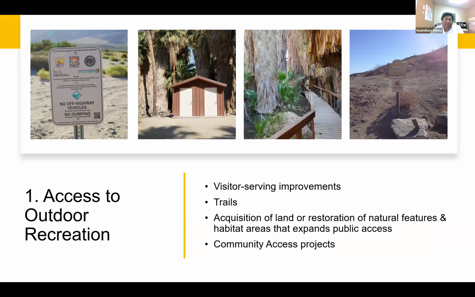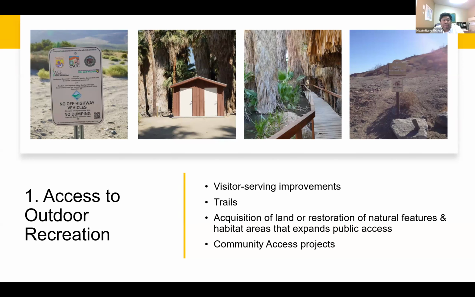The access to outdoor recreation. This is on visitor-serving improvements, trails, acquisition of lands or restoration of natural features and habitat areas that expand public access, and community access projects.